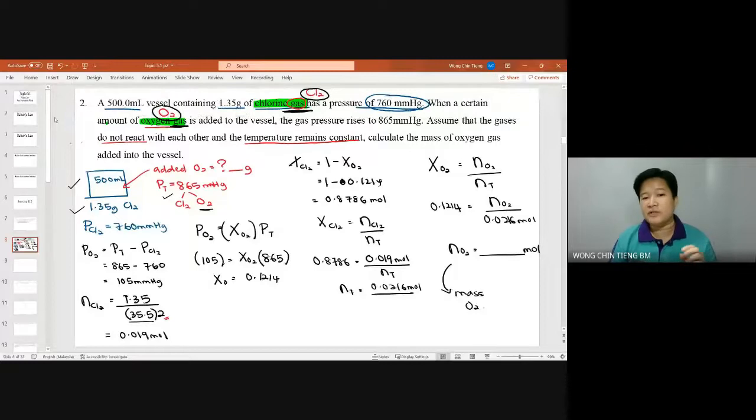You can use the formula of the Dalton's law, partial pressure and so on. Cara ni mungkin kamu tak sangat biasa sebab kamu baru jumpa formula ni first time. Dan kita ada cara lain nak buat. Okay, and I want to show you both because Zawan is using that. And what are we going to do next is, I just want to change it.